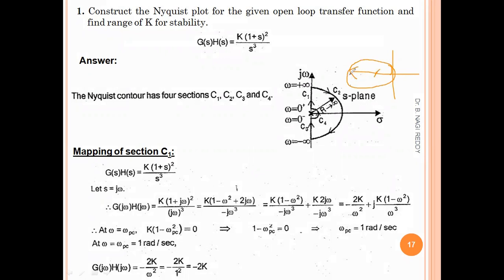Phase crossover means the 180-degree line, the point at which the plot crosses this line, that is the phase crossover frequency. For calculating this phase crossover frequency, we have to equate the imaginary term to 0. Then only we will get the phase crossover frequency.